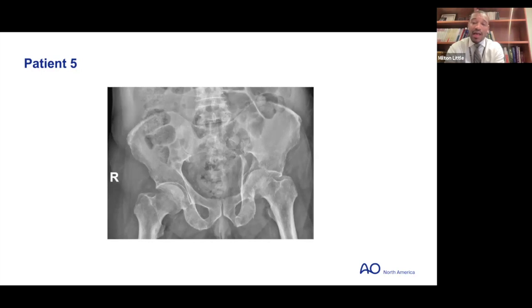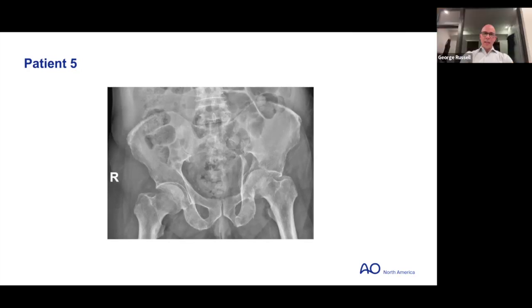You're also going to get a lot better visualization on your imaging if you reduce this fracture just like you would reduce anything else. There's going to be some translation back to where it was previously, but often you can get them to a place of slightly more comfort, even without having them placed in traction.